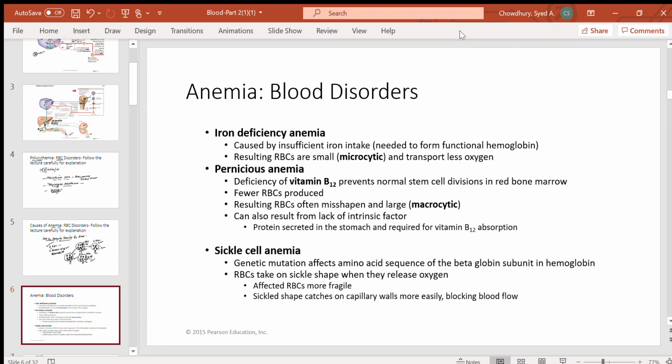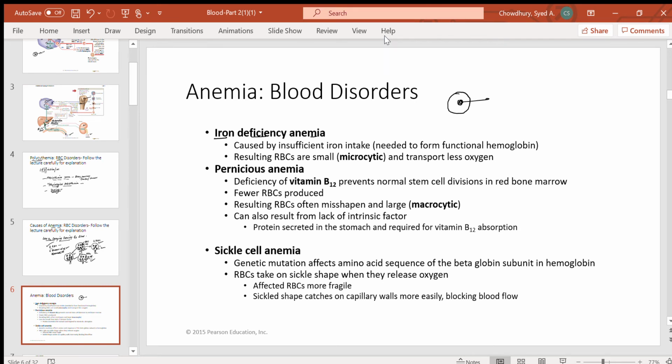Okay, so those are the causes of anemia. Now I am going to talk about different types of anemia. One type of anemia is called iron deficiency anemia. You must remember that the heme part of hemoglobin has iron in the center. I mentioned many times.